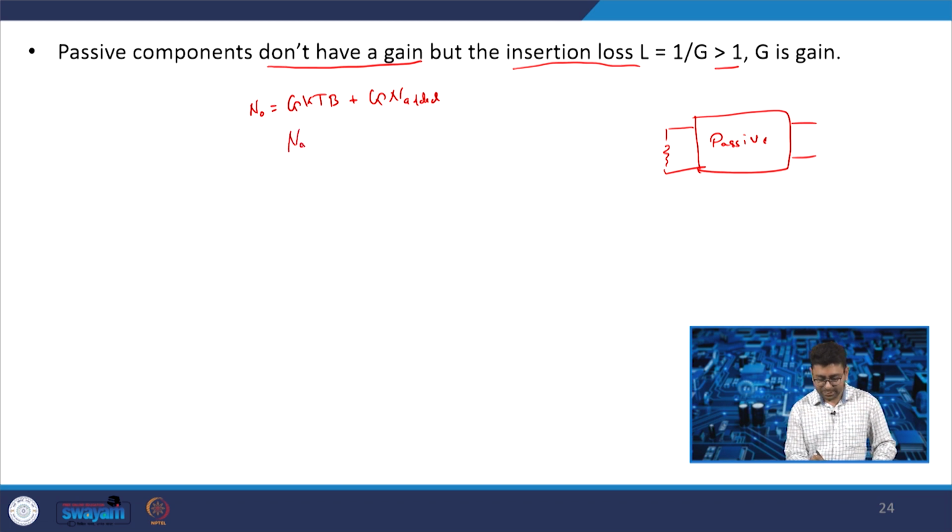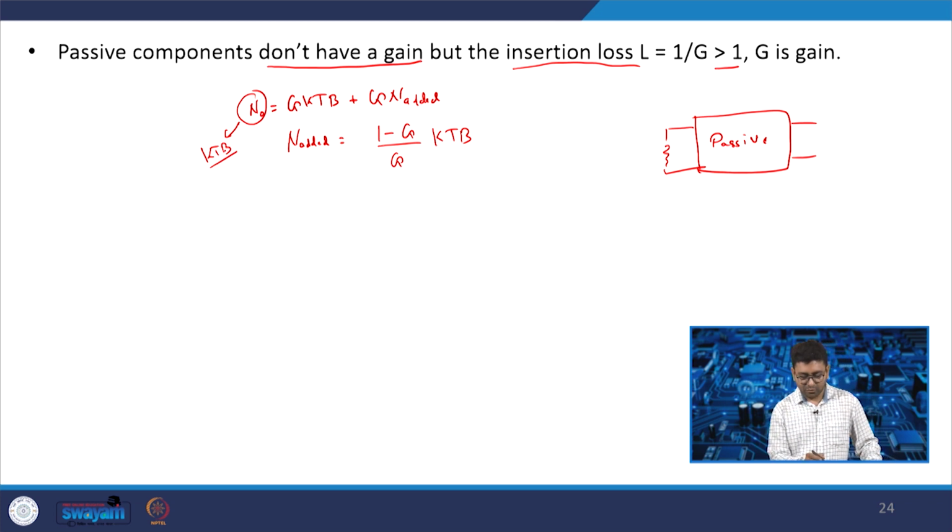N added, meaning the amount of noise added, is (1 minus G) by G into kTB. We can also represent N0 as G kTB, so when this term goes to the other side, we get (1 minus G) by G into kTB.